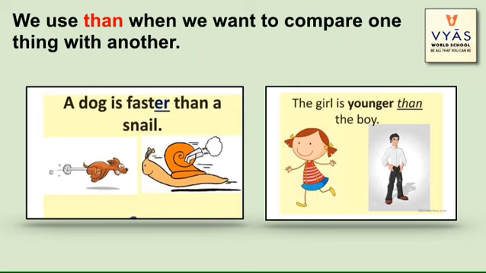So we will use the ER form of the adjective, and we will even use than in the sentence. The second sentence is: the girl is younger than the boy. Again, we are comparing two persons over here. So we have used the ER form of the adjective, and we have also used than in the sentence. So we use than when we want to compare one thing, one person or one animal with another.